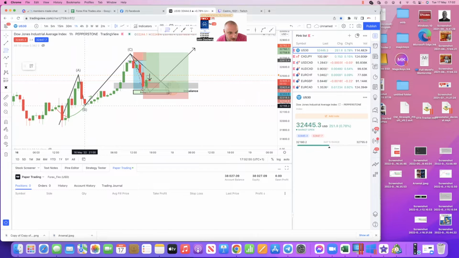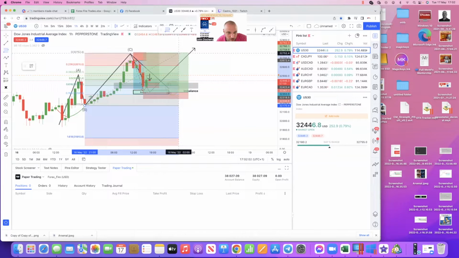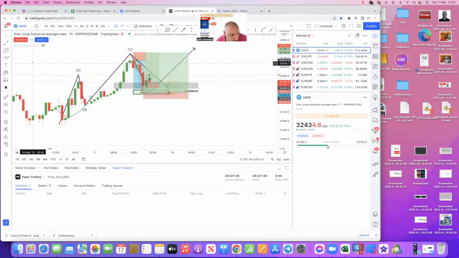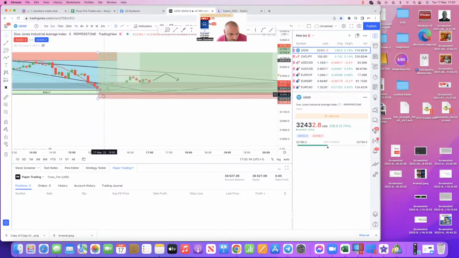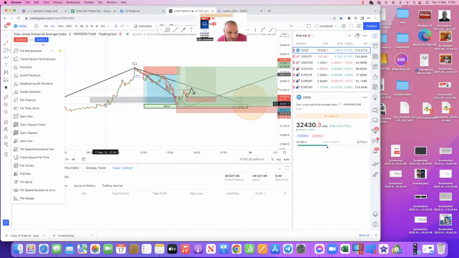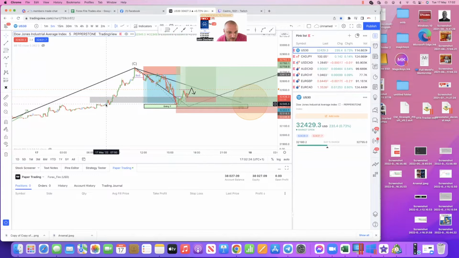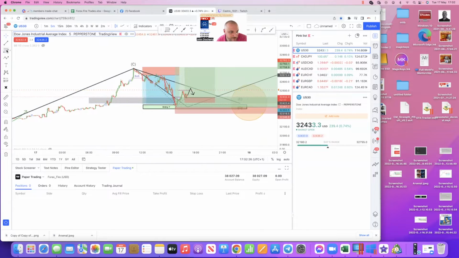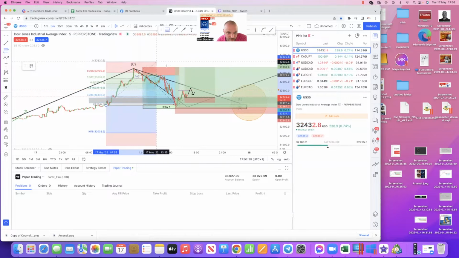If I just pull that out, there I was looking at a target area to come back down to the 618 or the 785, I think it was, and then the entry was based upon a 5-minute lower time frame on this, which was again around about from here to here.